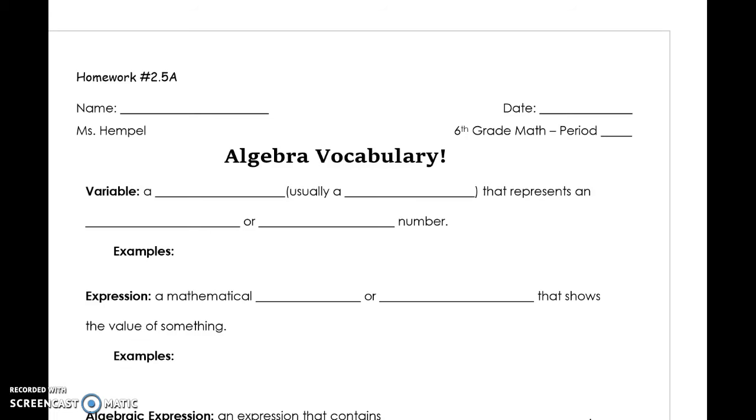Today in class we started our algebra unit, and right now we're just going to review some algebra vocabulary that we're going to be using in class. So the first word is variable, and a variable is a symbol, usually a letter, that represents an unknown or varying number, okay?